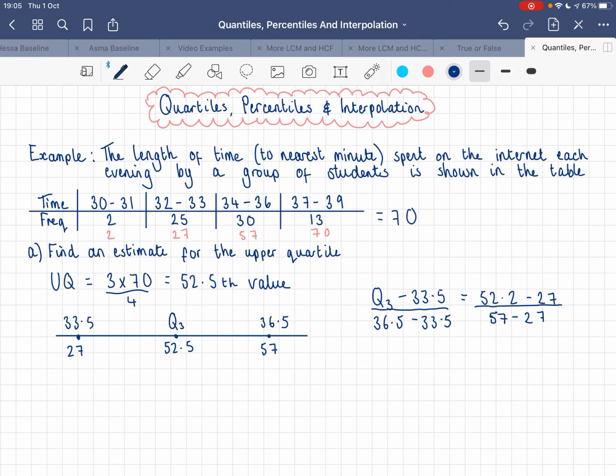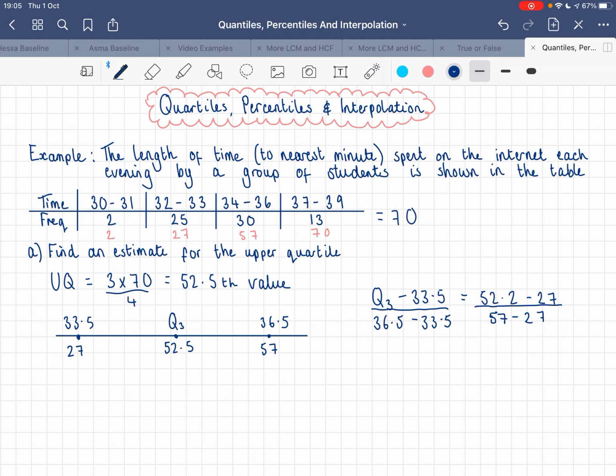This tells us what fraction of the way through the data 52.5 actually is. Then we put it equal to a similar fraction, and use that to work out what Q3 actually is.